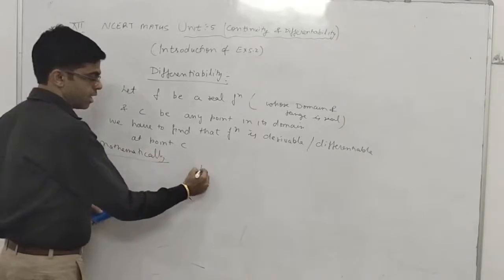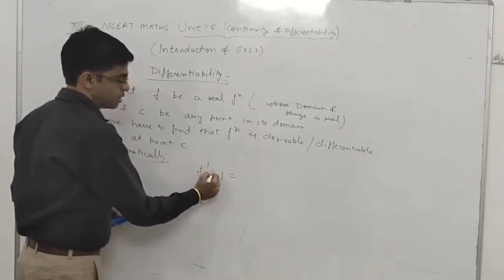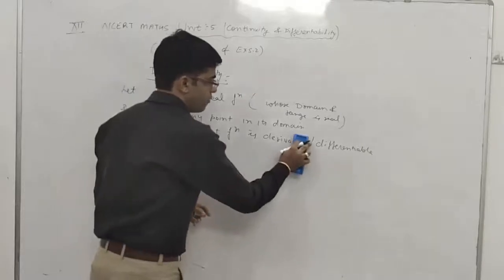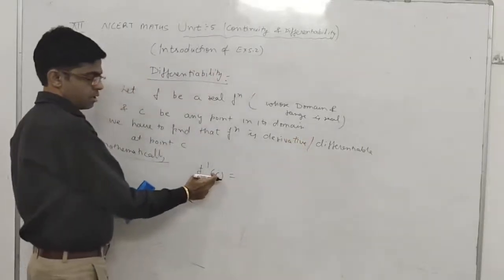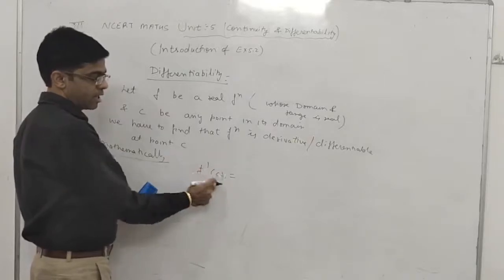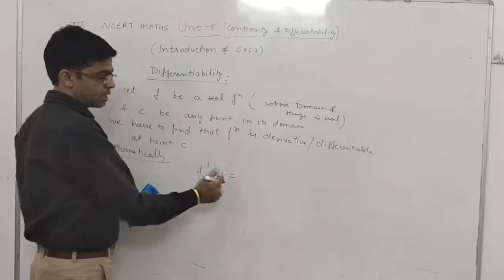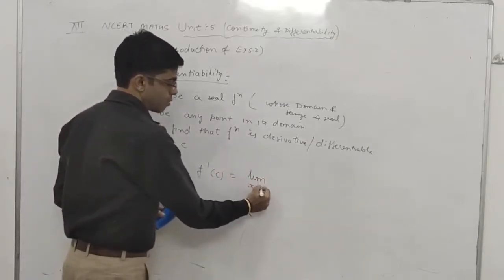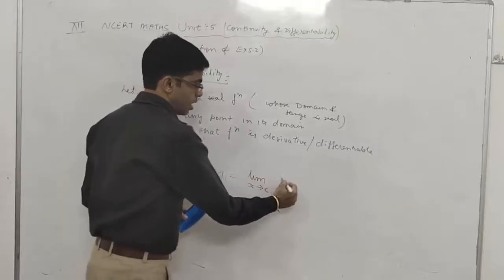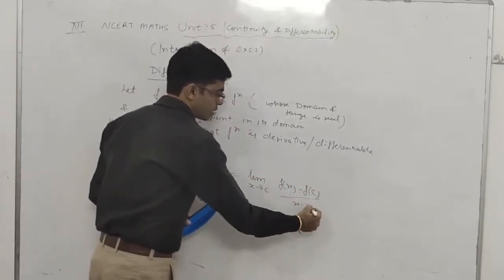Mathematically, there is a way: f dash c denotes that the function is derivative at point c. To find the derivative at a point, we denote f dash c is equal to limit x approaches c of f(x) minus f(c) upon x minus c.